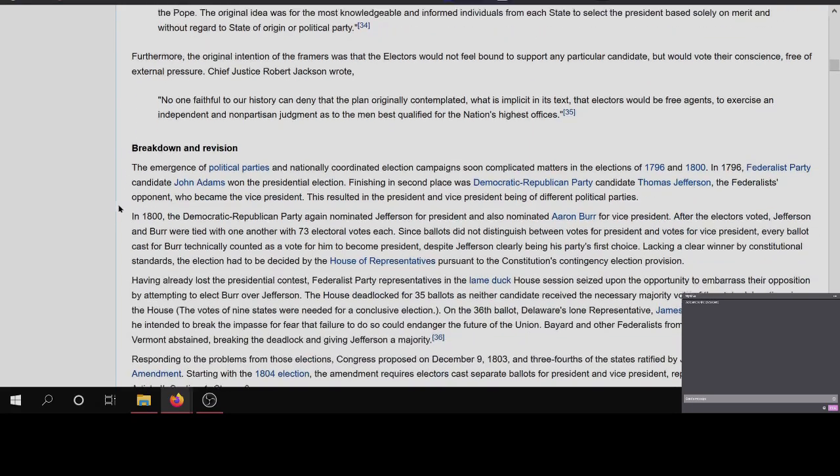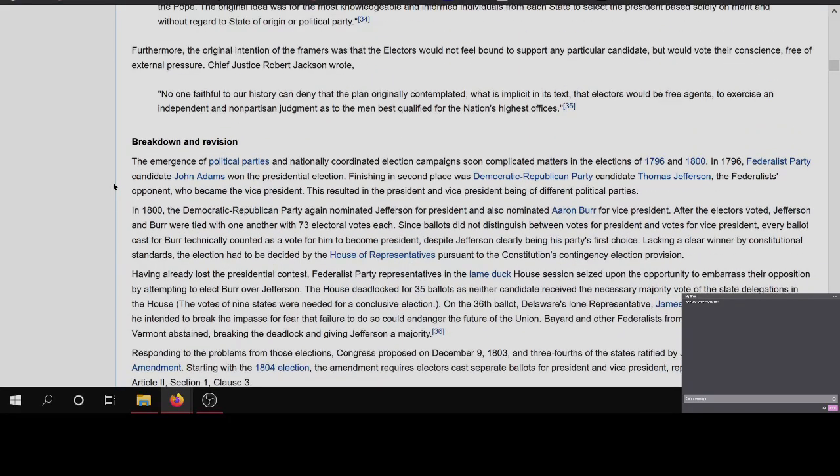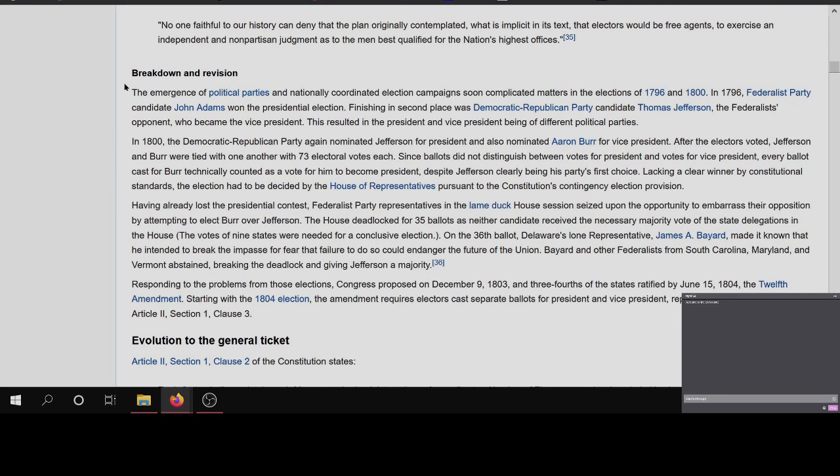And let's go down here. When we have more time, I can actually scroll up here, but let's save it for later. Okay. Breakdown and revision. Emergence of political parties, national coordinated election campaigns, soon complicated matters in the elections of 1796 and 1800. Federalist Party candidate John Adams won.